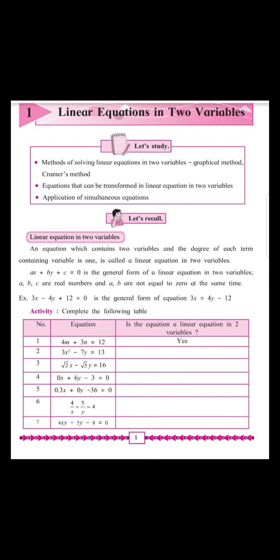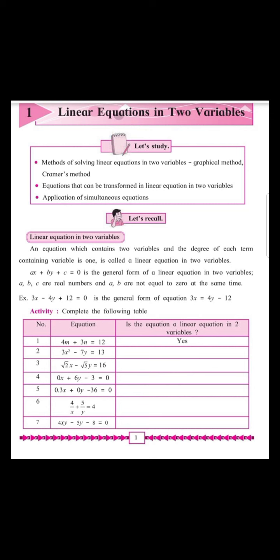There are two variables present, and the degree of each variable is also 1. That's why this is a linear equation in two variables. Means your answer is yes. So write down in front of example number 3, yes. Your first example is yes, second is no, third is yes.